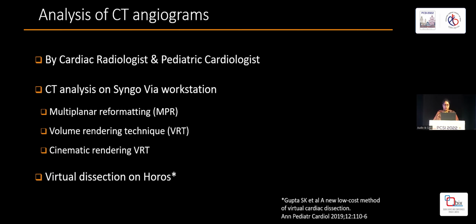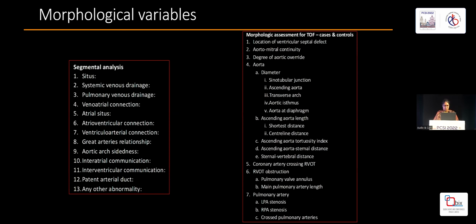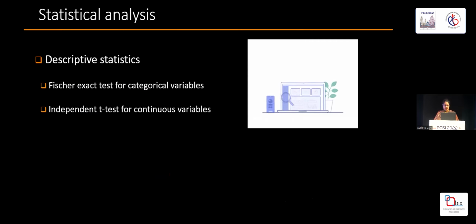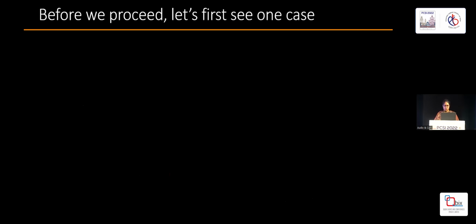We also did virtual dissection on Horos DICOM viewer. We had preset morphological variables to look into. Other than the standard parameters, we defined the shape of the aorta and the measurements of the aorta and pulmonary arteries in detail based on these morphological assessment parameters. Descriptive statistics was done and appropriate tests were used for comparison.